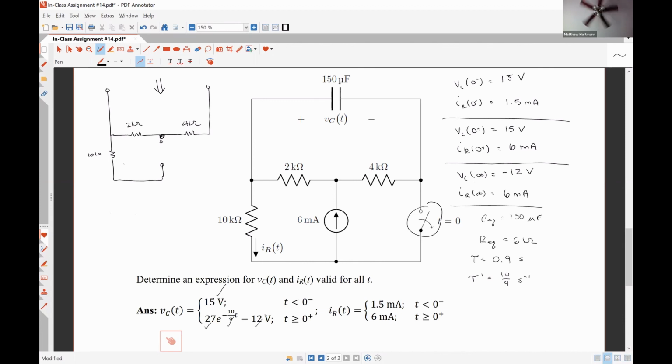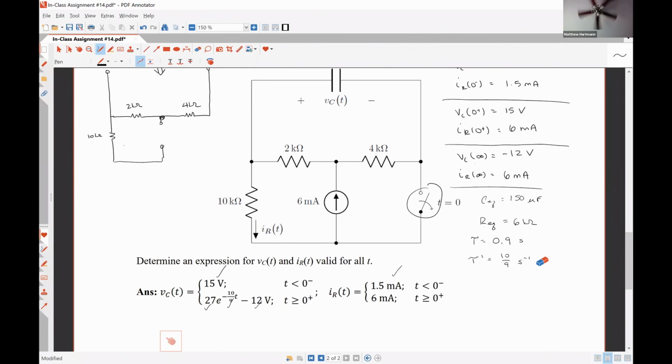For our resistor current, we had 1.5 milliamps, and then we had 6 milliamps at t equals 0 plus, so this is where things maybe get a little sketchy.